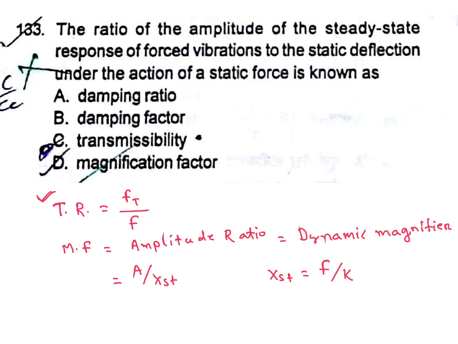A is the amplitude of the steady state response, and X ST is the static deflection under the action of a static force. F is the force, K is the stiffness. So in this question, D is our answer, magnification factor, A by X ST. Then damping ratio is C by Cc, actual damping by critical damping.